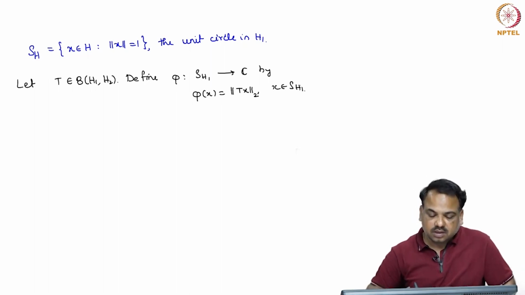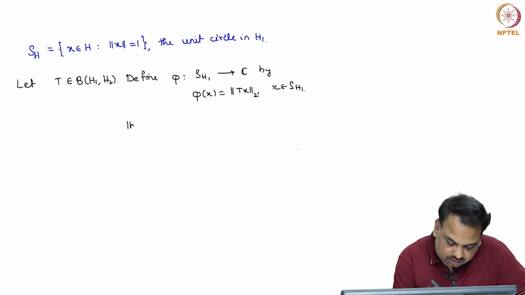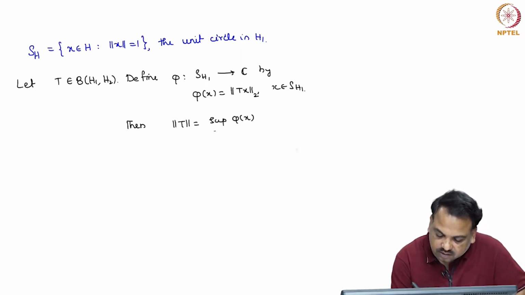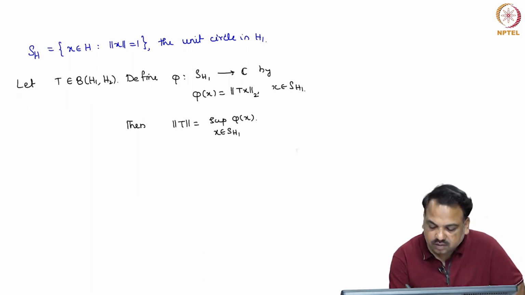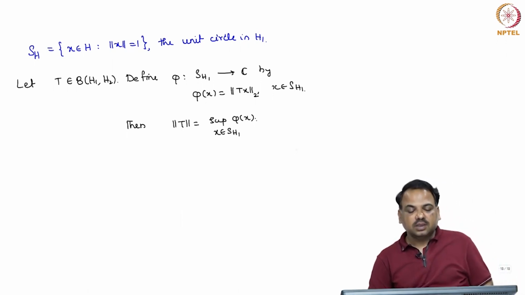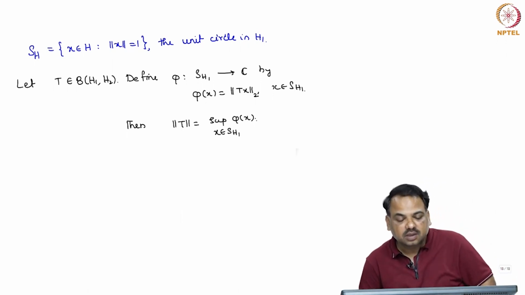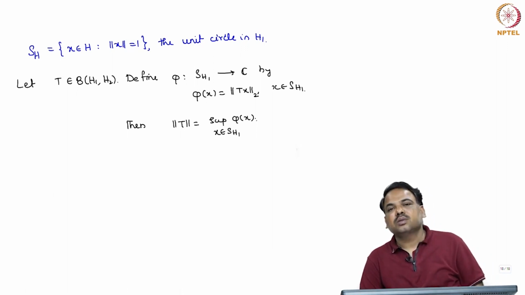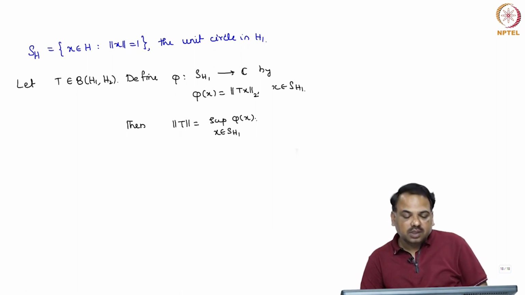Then we can show that norm of T is exactly the supremum of phi x, where x is coming from the unit sphere. So, if there exists an x in the unit sphere such that norm Tx equals the supremum of phi x, that is norm T, such an operator we call a norm attaining operator.